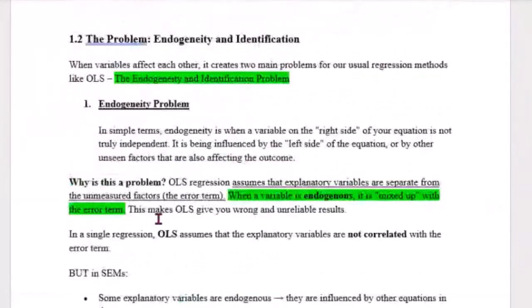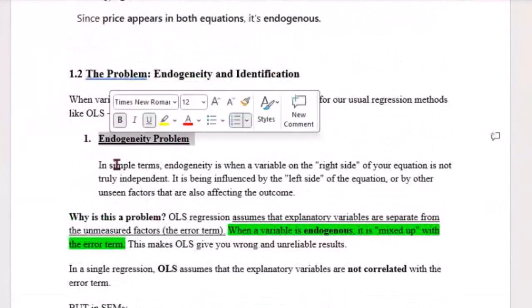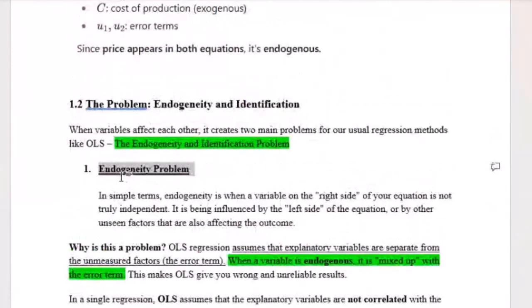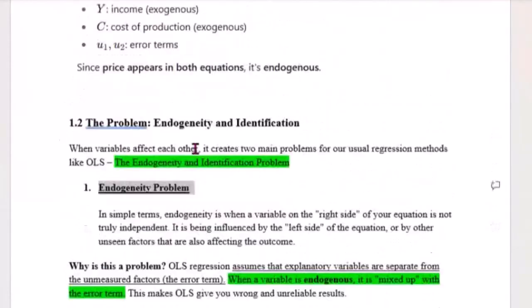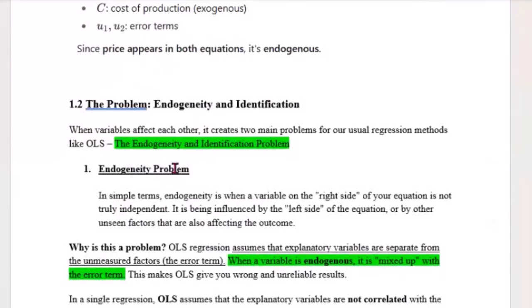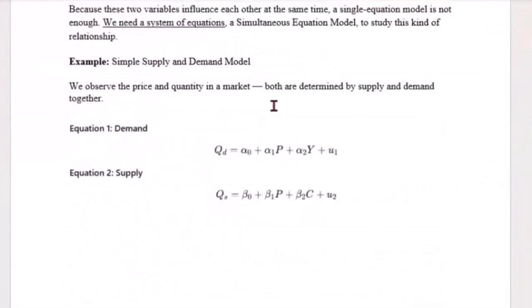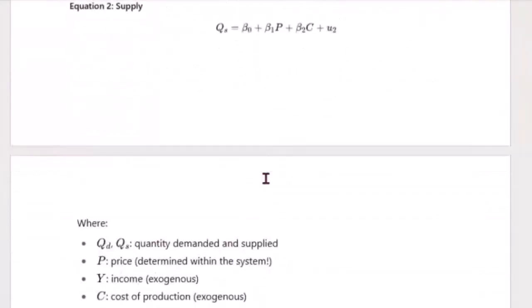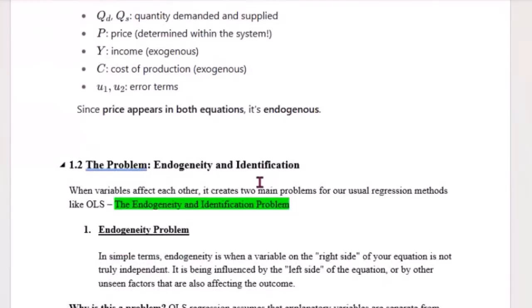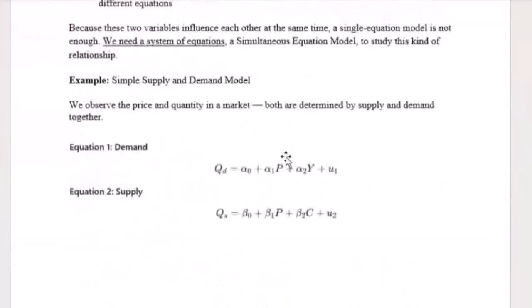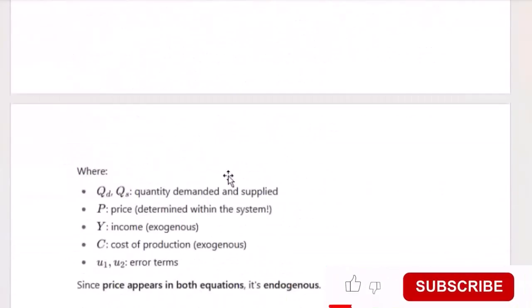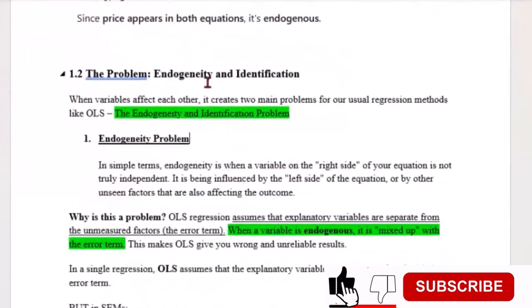So that is the whole explanation of the endogeneity problem. In a few words, if we have endogenous variables in an equation, then we can no longer use OLS. We actually need to use the simultaneous equation approach. So that is the first problem, the problem of endogeneity.